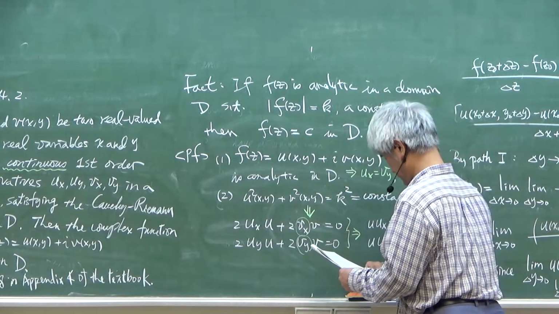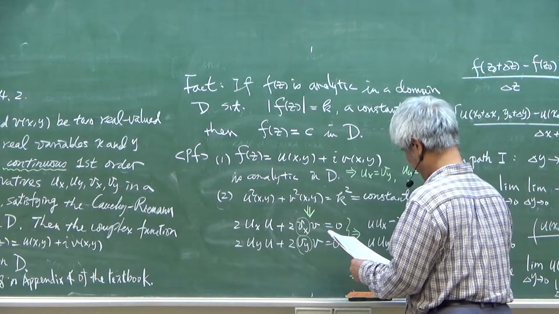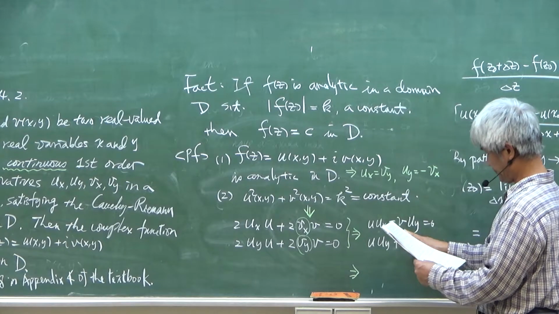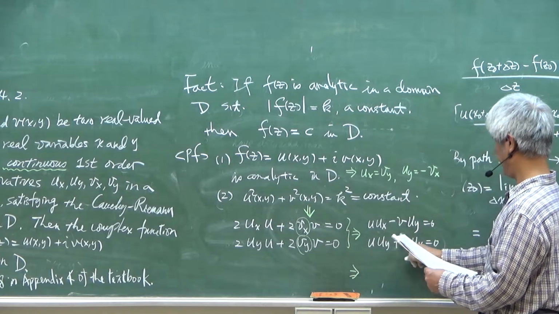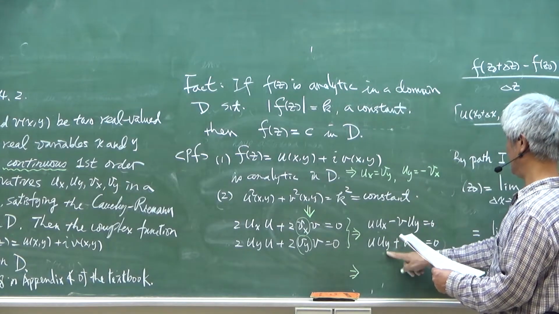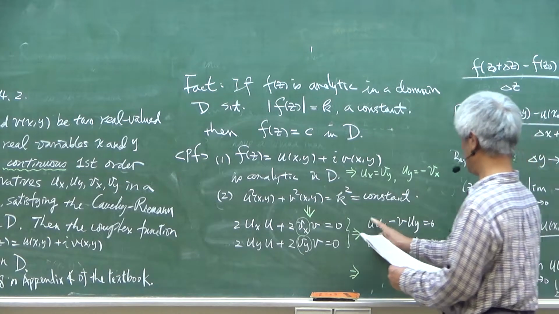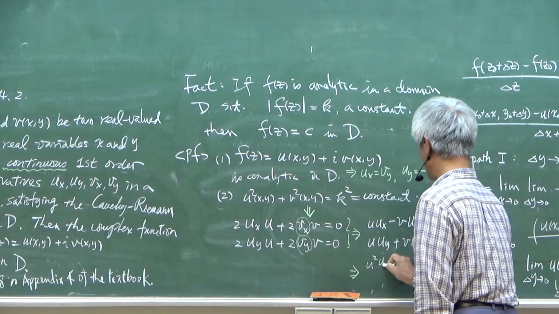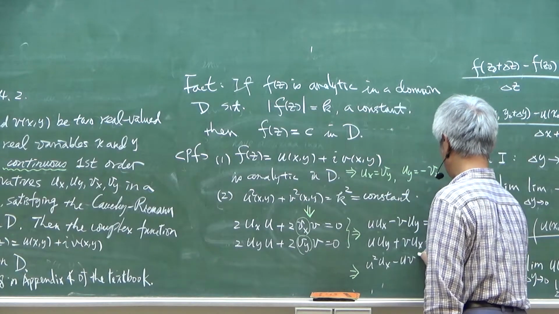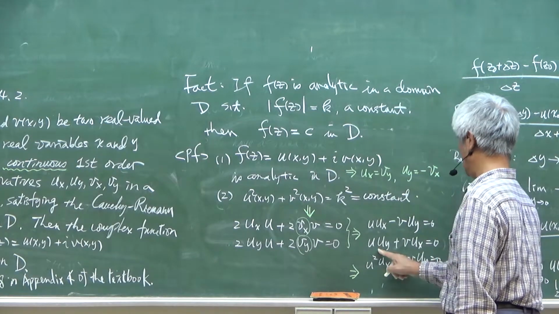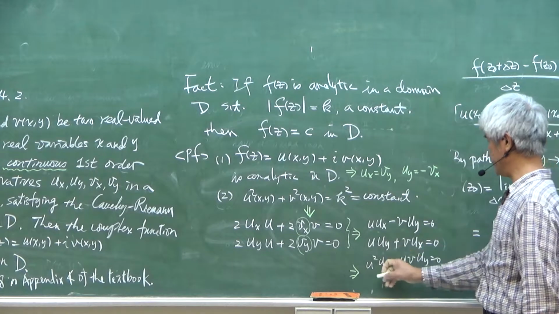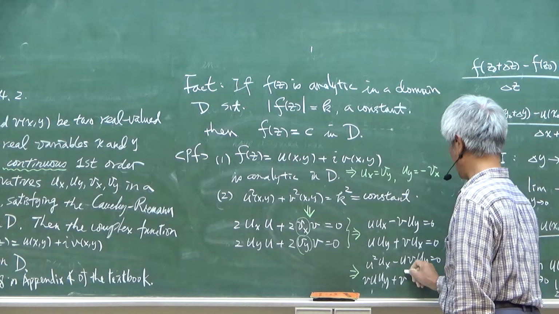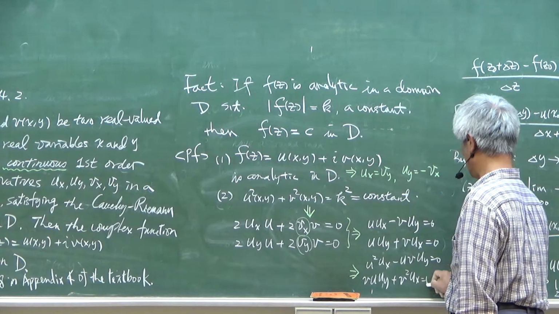Okay, so together, because we have uy here, we multiply with u. So we have u squared ux minus uv uy equal to 0. And here we multiply with v. So v uy minus v squared ux equal to 0.